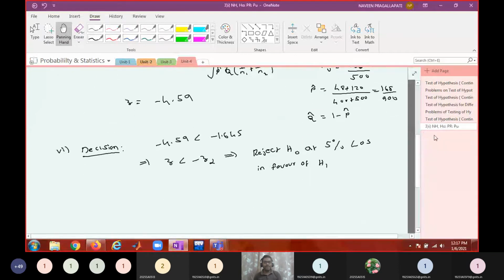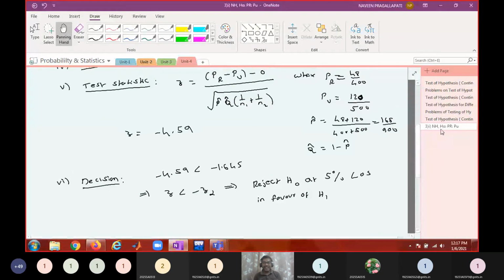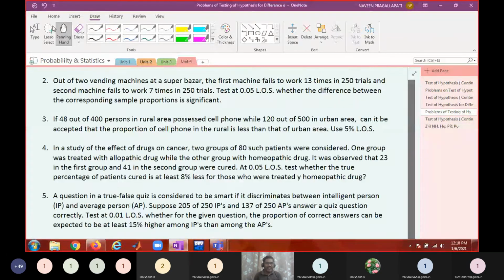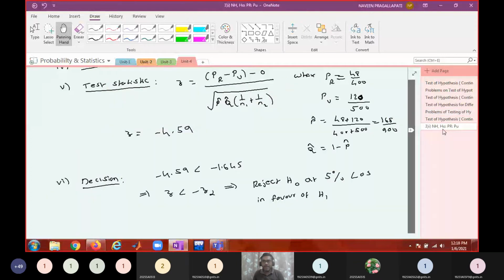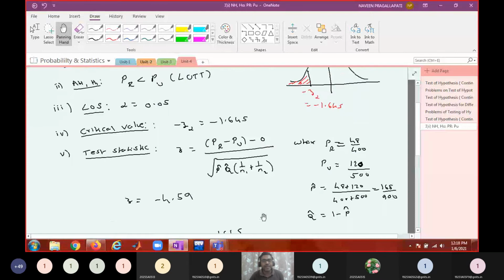Is that okay? It is about a particular area. Now I want you to test the real scenario.